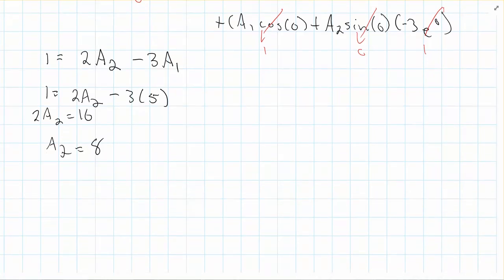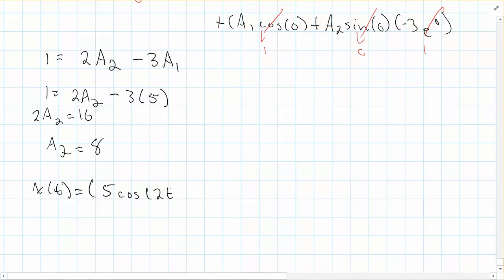And so what do we get here then? Well, my final answer, x at t, would be 5 cosine of 2t plus 8 sine of 2t, e to the negative 3t.